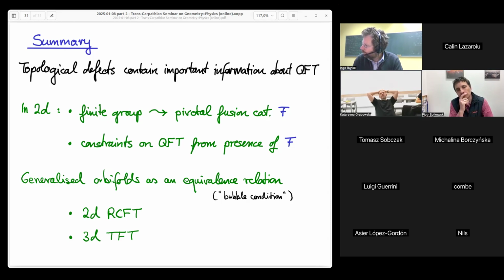Yeah, certainly. Not maybe so much as a piece of math, but in examples in quantum field theory, people are looking at symmetries where the underlying category isn't finitely semi-simple. That goes in several ways. You can have an infinite number of simple objects, so there's an infinite number of different defects.